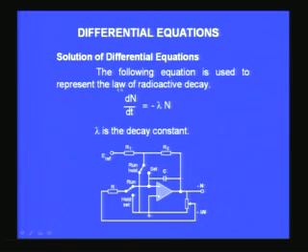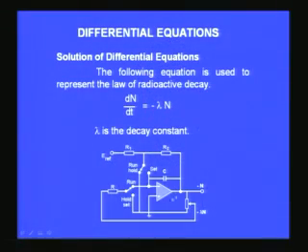Now if I want to solve this, what is it that I should do? I will actually use a very simple integrating circuit and apply dN by dt as the input voltage, and what I get will be a corresponding lambda N. So that is what is shown here.